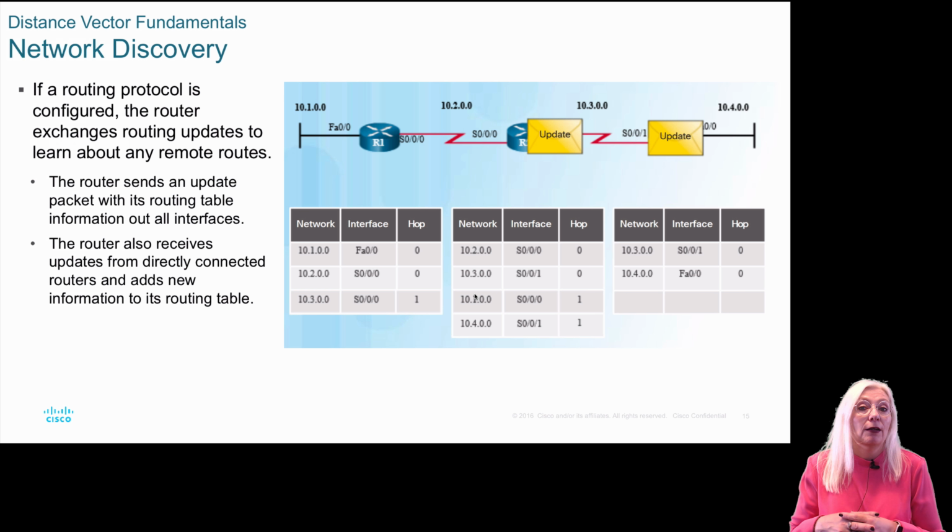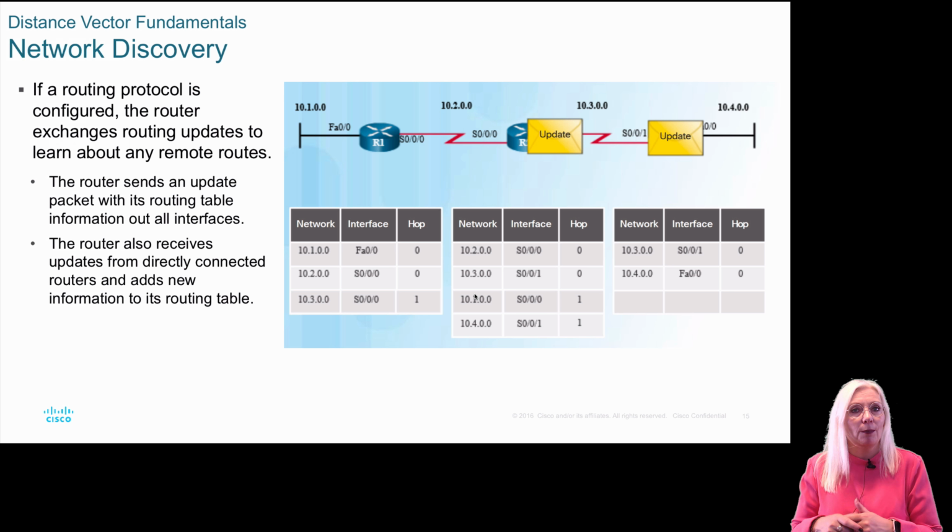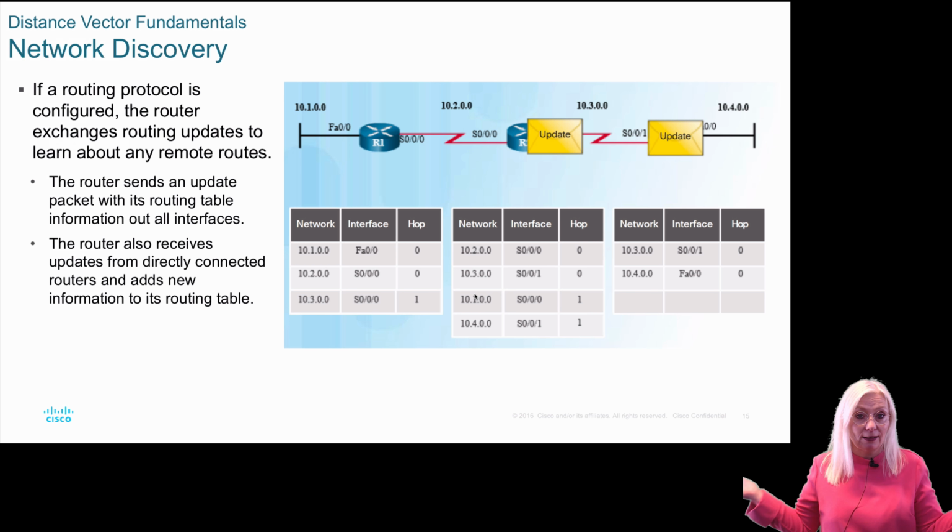If my neighbor can reach this network in 0 hops, then I can reach it in 1 hop. The same thing applies to the remote network on router 1, which is 10.1.0.0. This update will also get into the routing table of router 2 with a hop count of 1, because it's something that my neighbor can reach. So this is the first step.